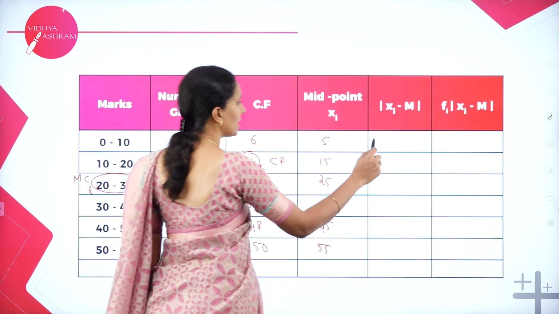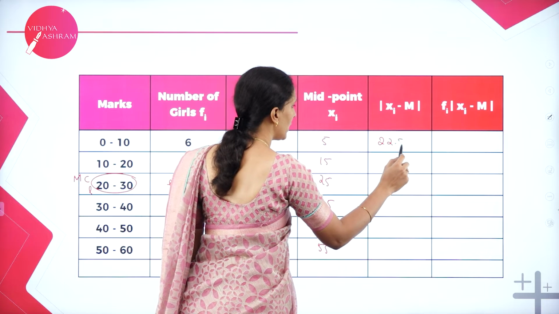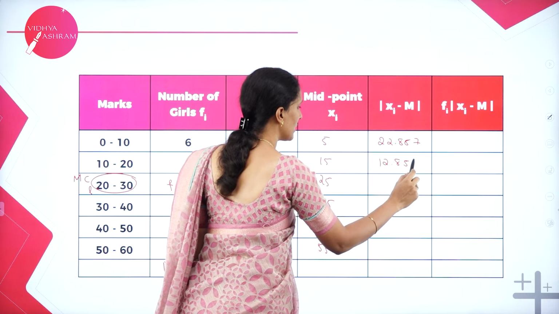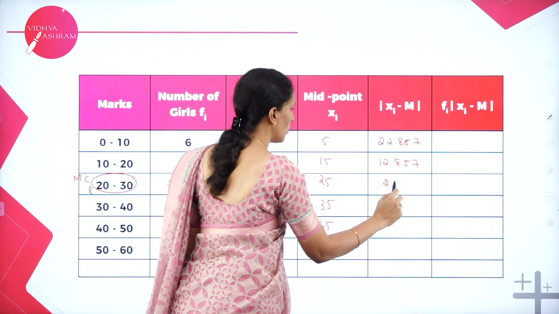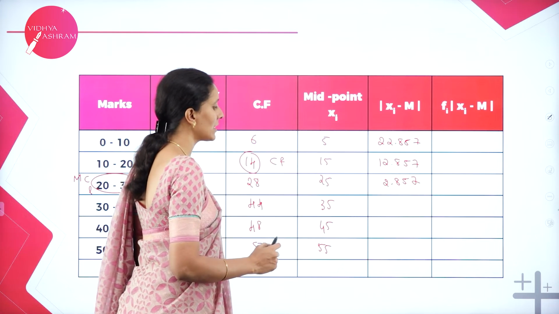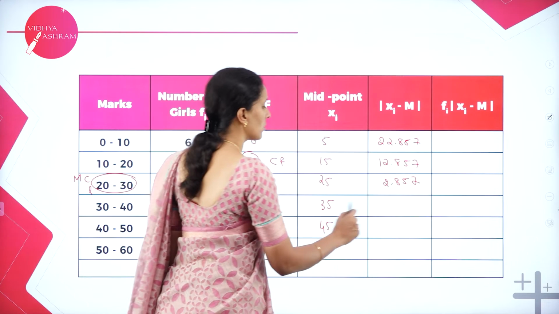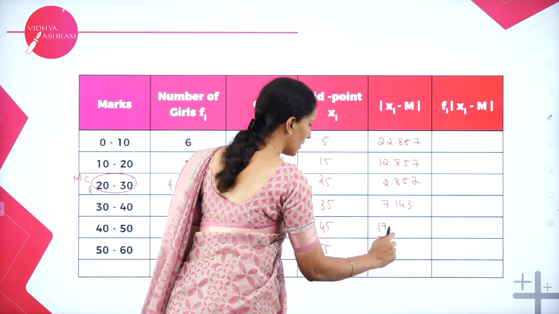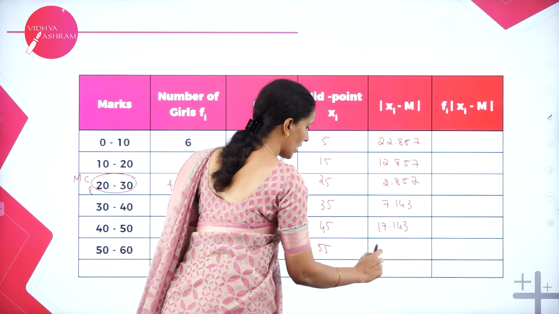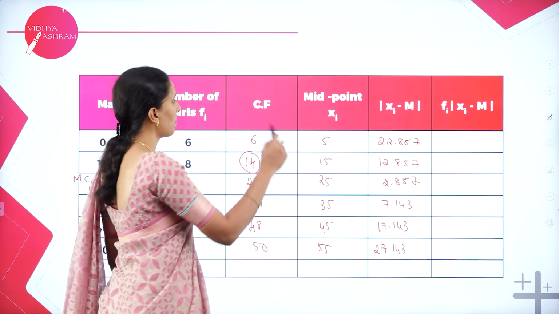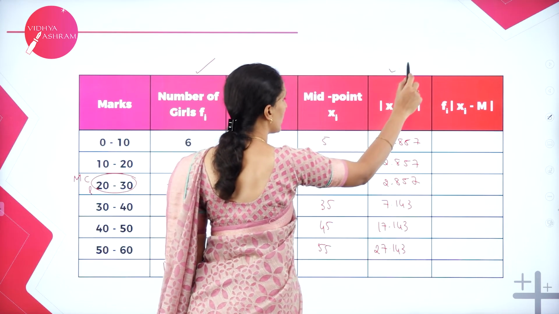So when you subtract this, you will get 22.857 and here it is 12.857. Here it is 2.857. Next we have 35 minus 27.857. So the value is 7.143 and here it is 17.143. Here it is 27.143.